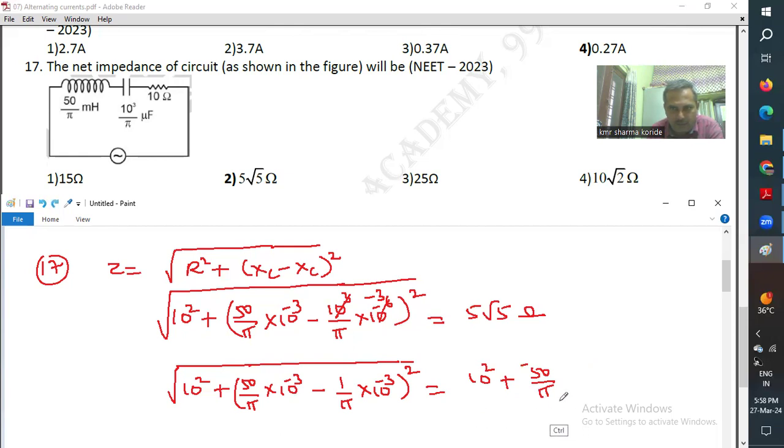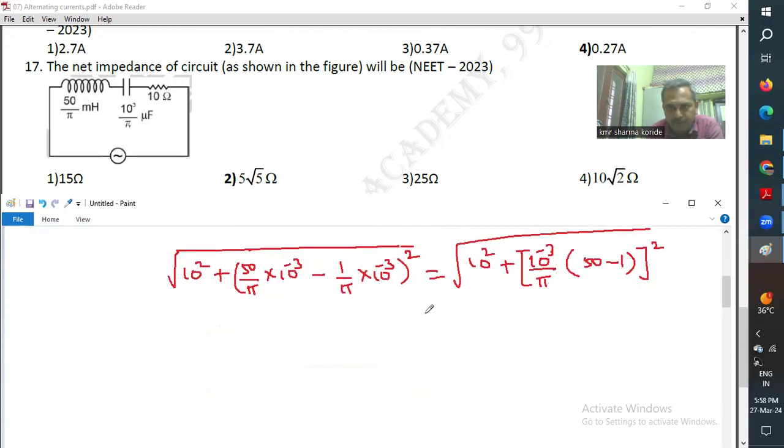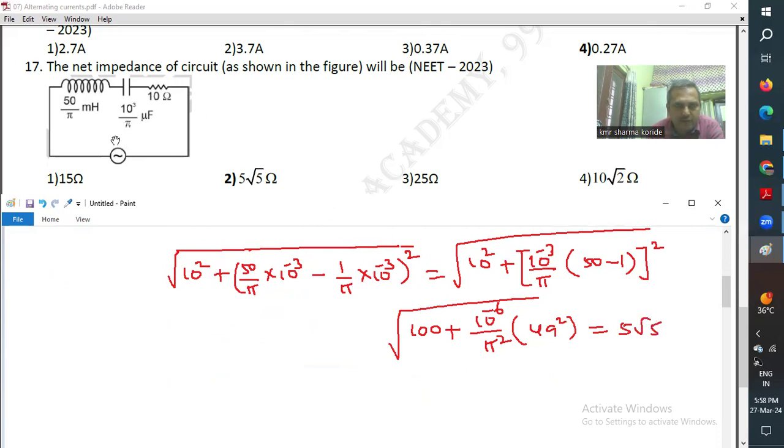You take common 10 to the power of minus 3 by pi, with the 50 minus 1 whole square. The root. So this is going to be 100 plus 10 to the power of minus 6 by pi square with the 49 square. Simplify, approximately you will get pi root 5. Plus frequency is not mentioned, so we need to take this itself as XL.